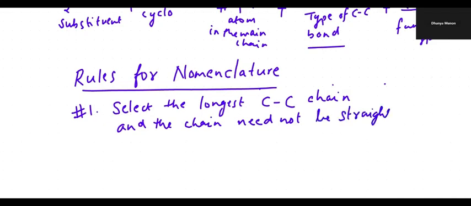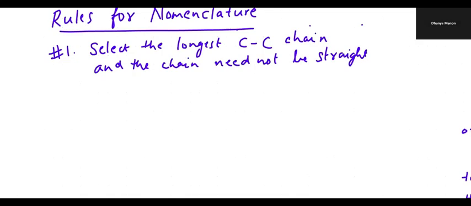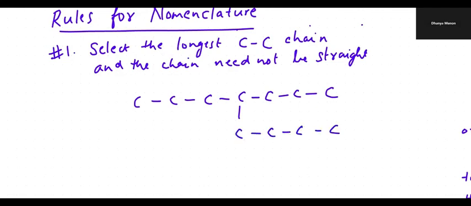For example, if I have this structure with substituents at 1, 3, 4, I have to select the longest chain here. So we have to check. So 1, 2, 3, 4, 5, 6, 7.